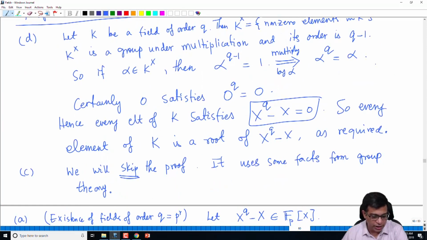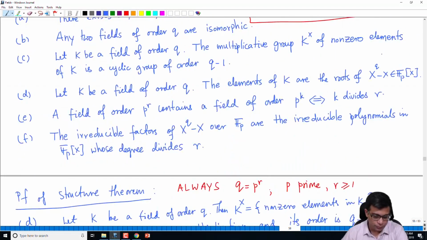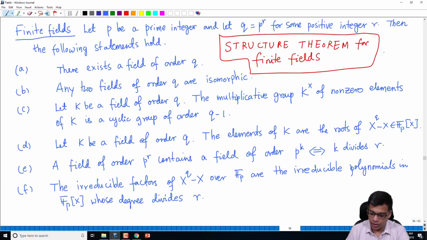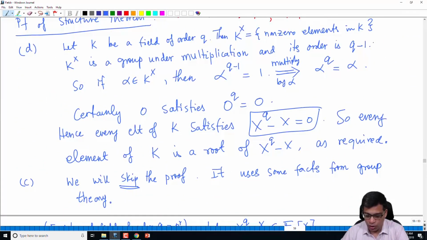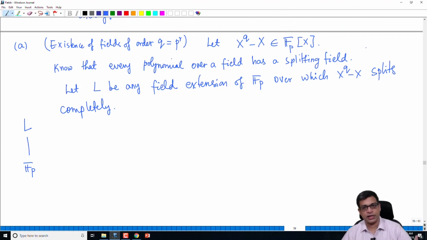By part D that I have already proved, remember that any field of order q that we are now trying to show exists is going to be exactly the roots of x power q minus x. What I have now done is I have constructed a big field where x power q minus x splits completely. That means L contains all the roots of x power q minus x.